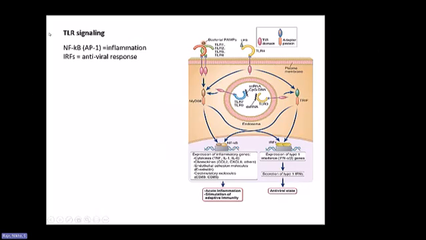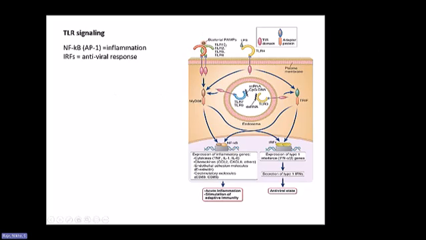And to sum it up, the end result of that signaling is that it either produces antiviral response factors or interferon response factors called IRFs, or a transcription factor called NF-kappa B, and similar inflammation-producing transcription factors like NF-kappa B that are responsible for inflammation.